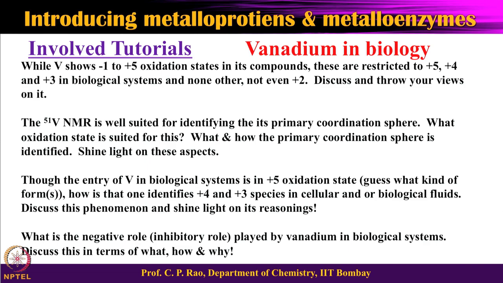Actually, though the entry into the biological system is +5, when it gets inside the cells it gets into +4, and it even gets into +3, because there are cellular reducing agents. The cellular reducing agents will reduce this one. So, these can be identified by EPR when it comes to vanadium 4, which is d1, and can be identified by absorption as well as EPR, also +3, all these kinds of things.